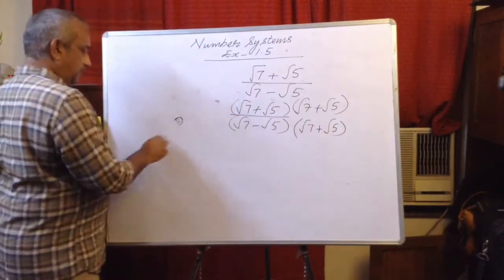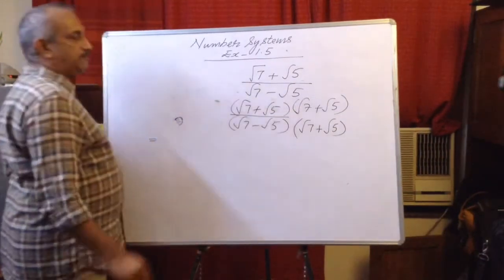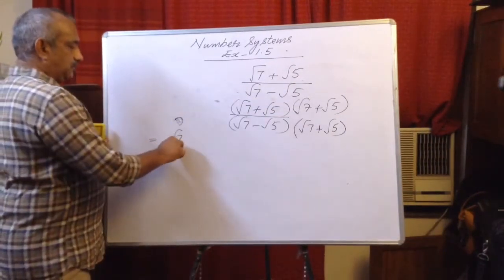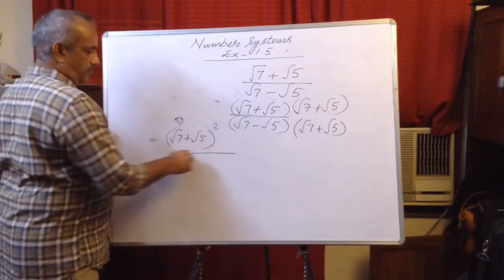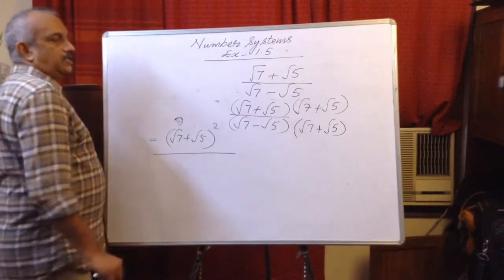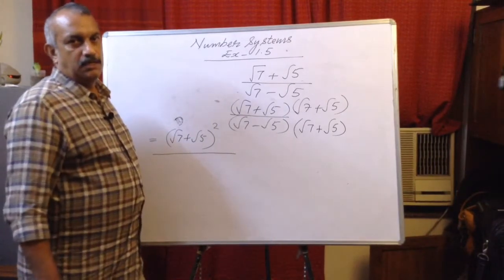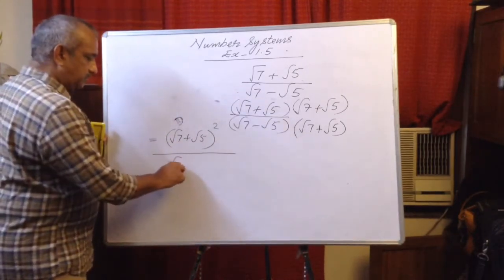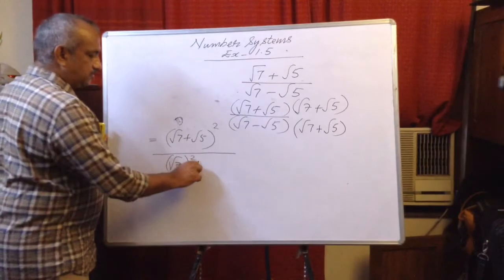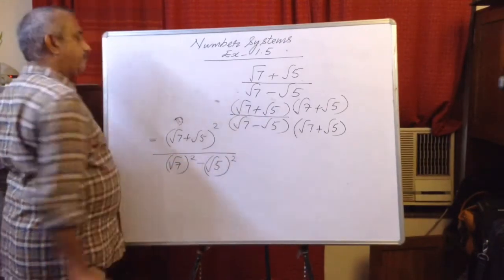Now the same thing is multiplied twice. So root 7 plus root 5 the whole square upon the denominator, a minus b into a plus b. Third identity, a square minus b square: square of the first term, root 7 square, minus root 5 square, square of the second term.